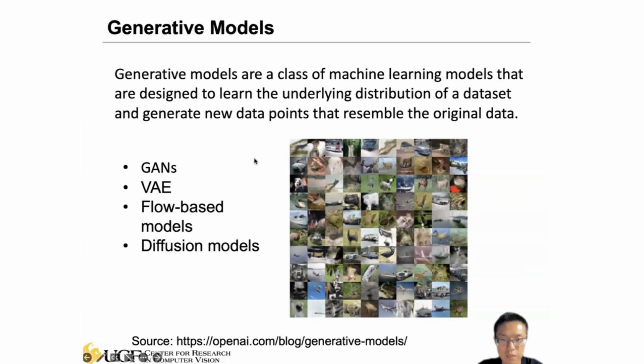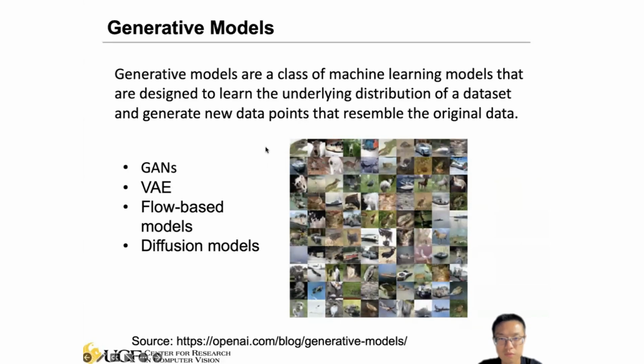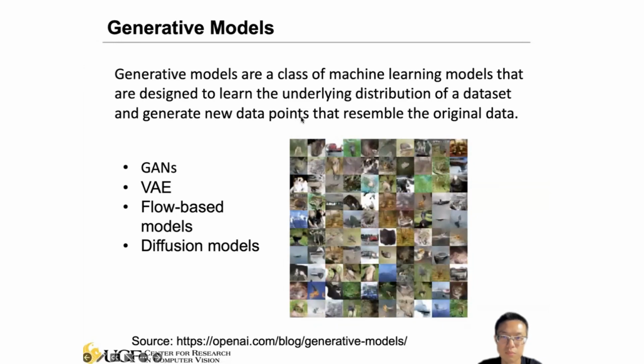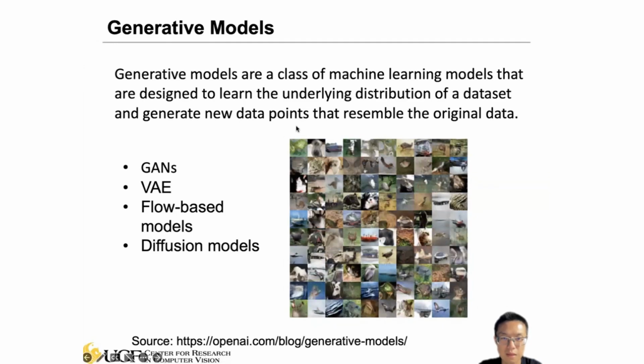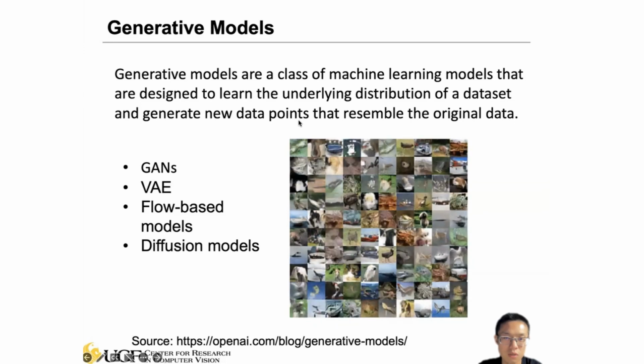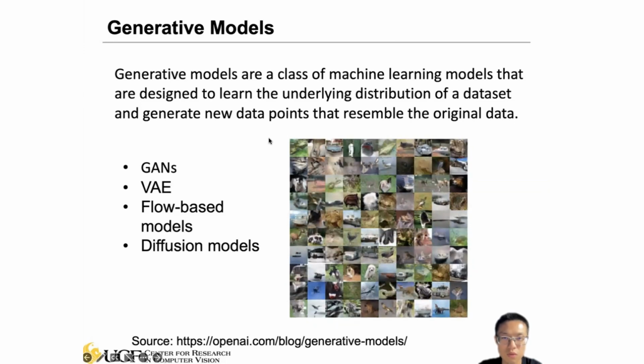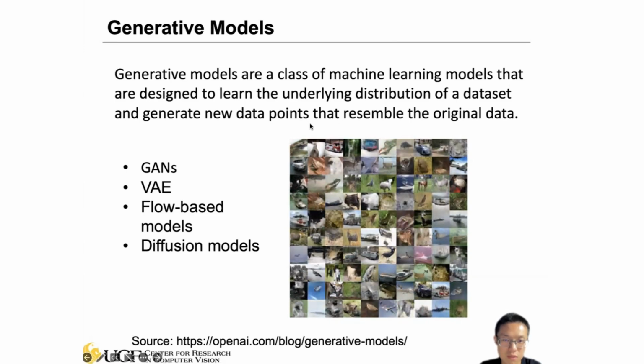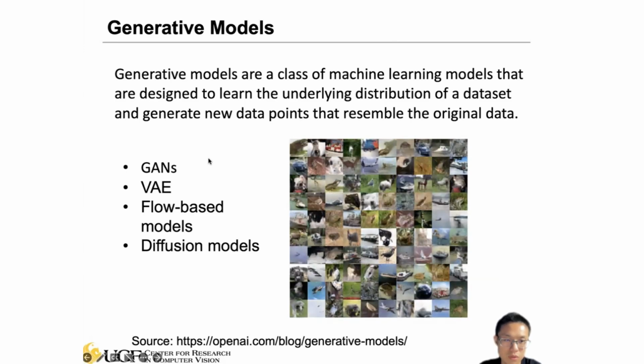So if you're able to learn the distribution of the data, then you can use that to generate new data points, right? So that's the idea of the generative model. Learn the distribution, then you can use that to generate a lot of data, okay, which fits the original distribution.